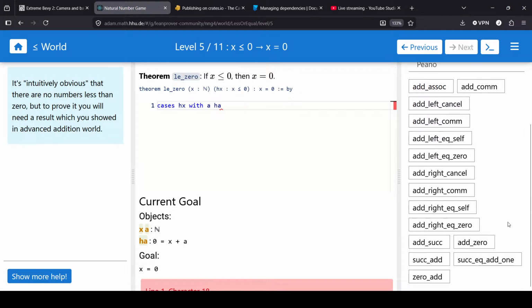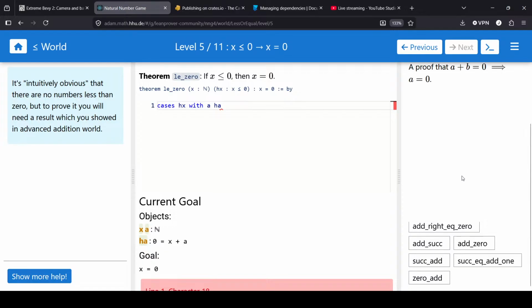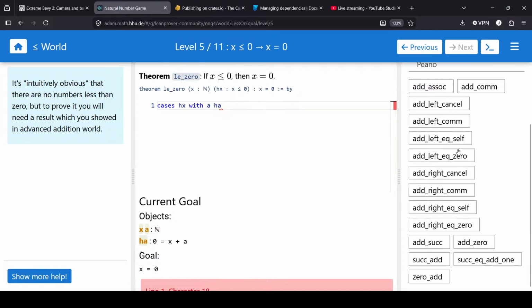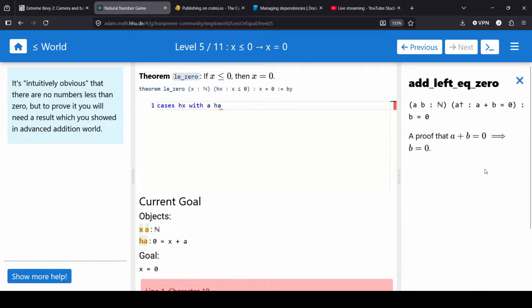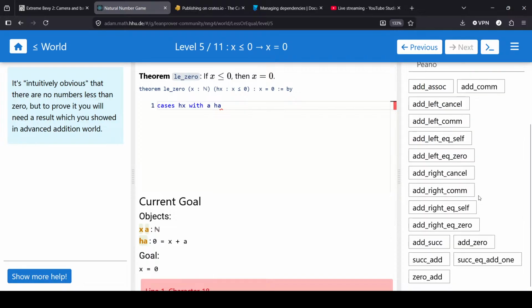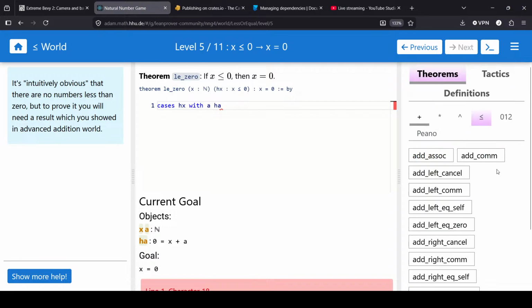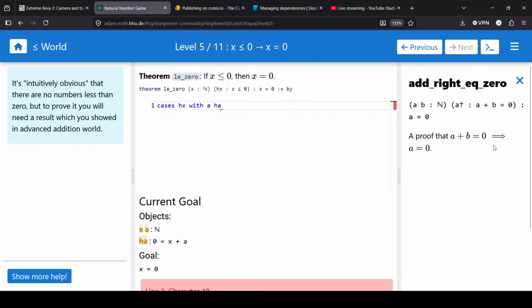What did I do in Advanced Addition World? This? Oh, okay. It must be this then. Is there an add left eq 0? Wait, what's the difference? Wait, no, wrong one. Add right eq 0.